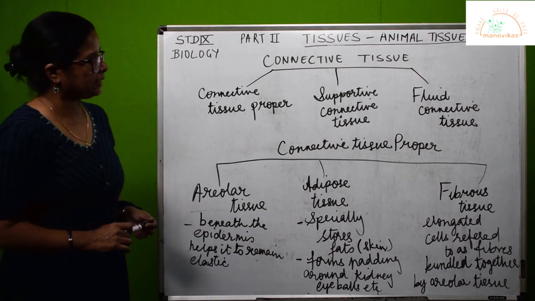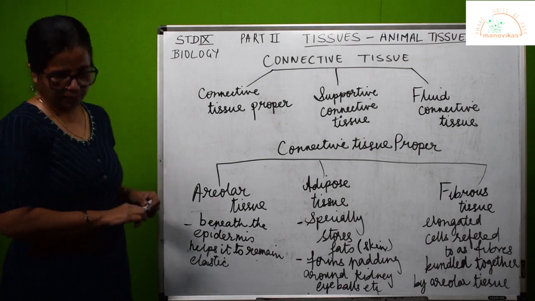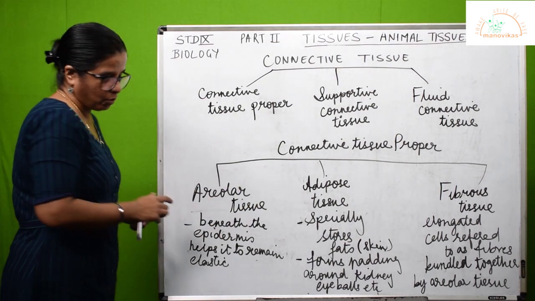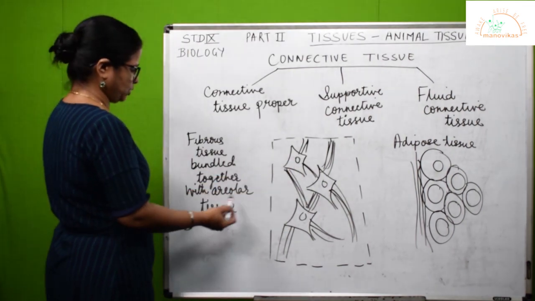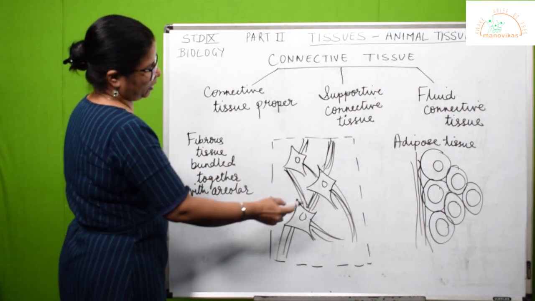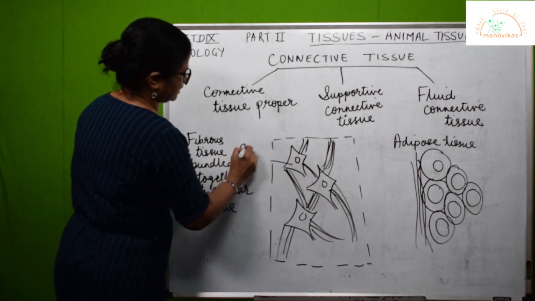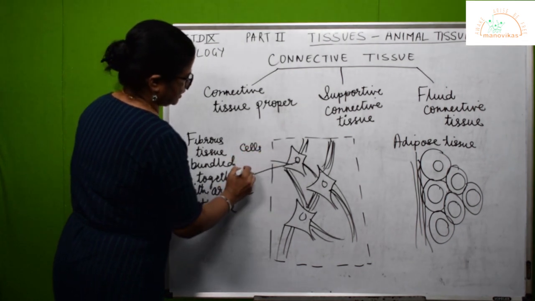Now one by one, I'll show you a little diagram which will make you understand how all this works. Now look at this diagram of a fibrous tissue. They are bundled together in the areolar tissue. These are the cells, nucleus.